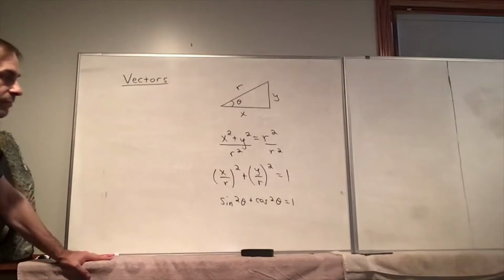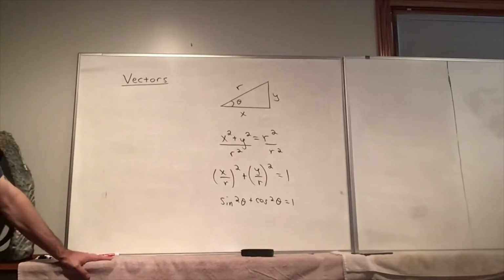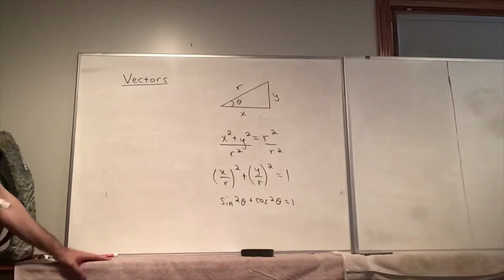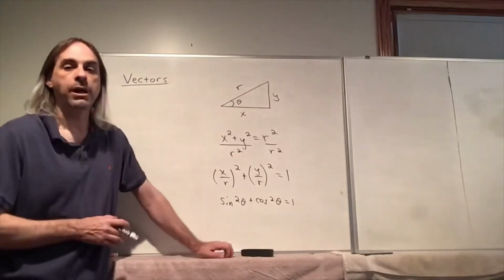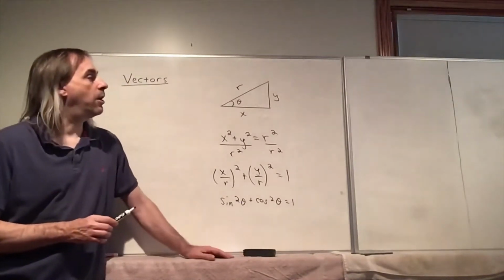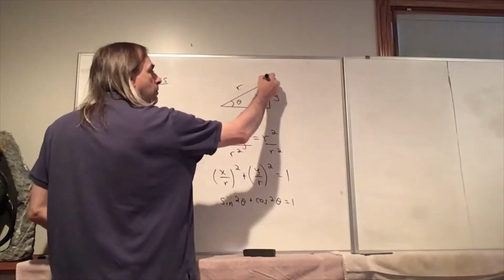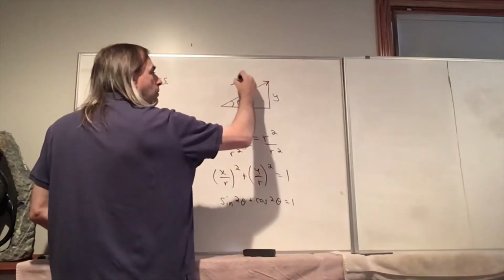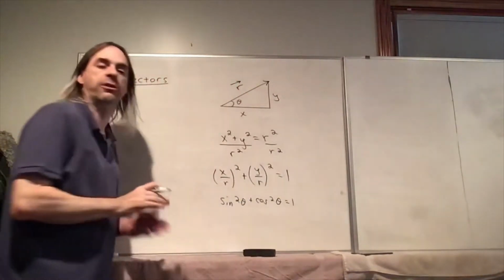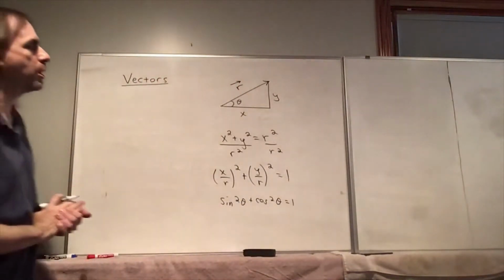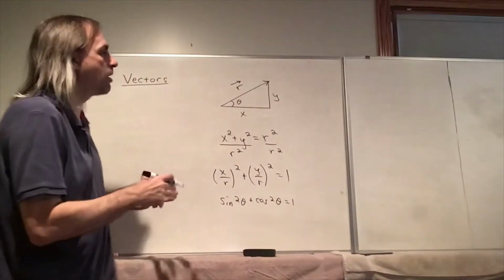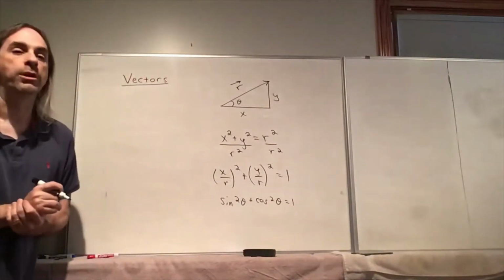Okay. Now the reason that we needed to go through this background is because vectors have magnitudes and directions. And so let's say this is a vector r, which points in this direction. It's very important to be able to do something called breaking this vector into components.